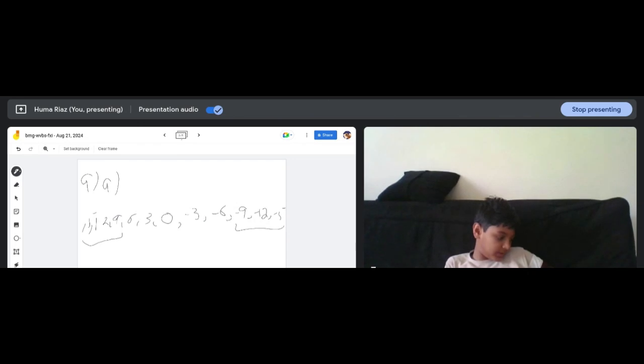And what does exercise 5A include? It includes integers, opposites, greater than, less than, number line, and the integers between them.